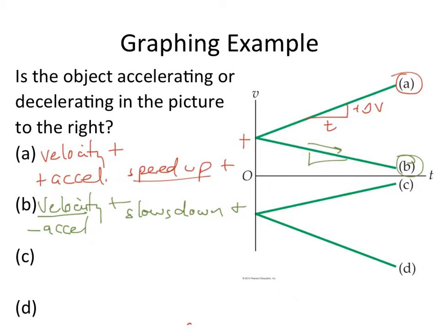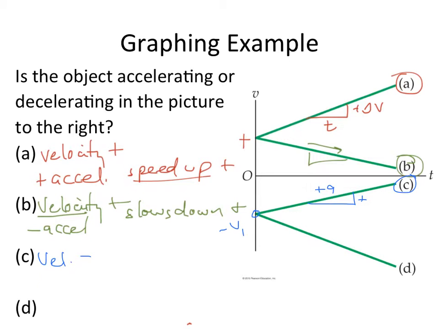All right, so let's go to this third one right here. Let's do this one in blue. All right, C. At C, we have a negative initial velocity, right? So it's got a velocity in the negative direction, but it has a positive velocity change over time, or a positive acceleration right here.